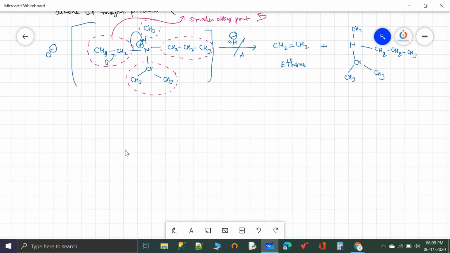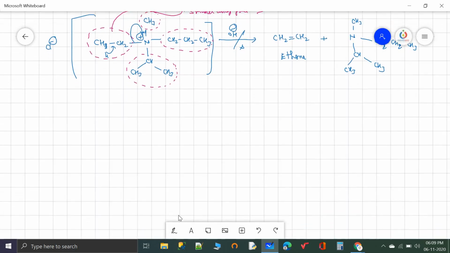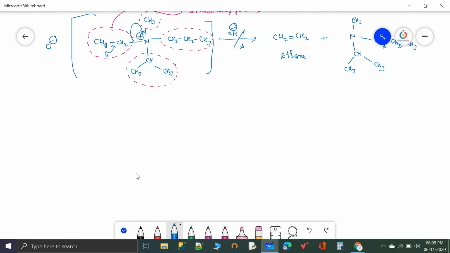So you may get another doubt. Let us take some cycloalkyl parts so that your doubt will be clarified. There is a group like this. Right, this is the plus.